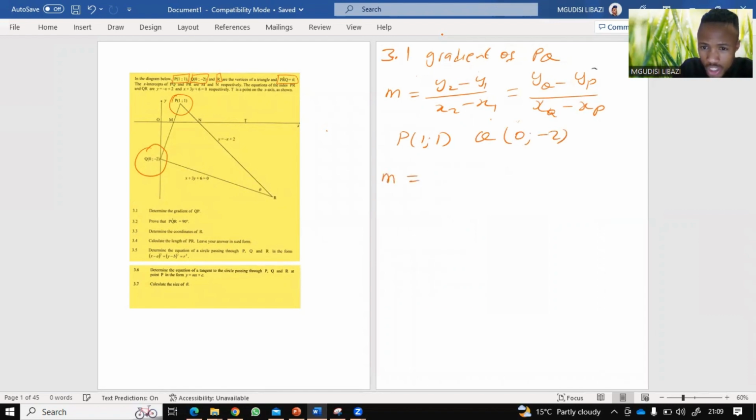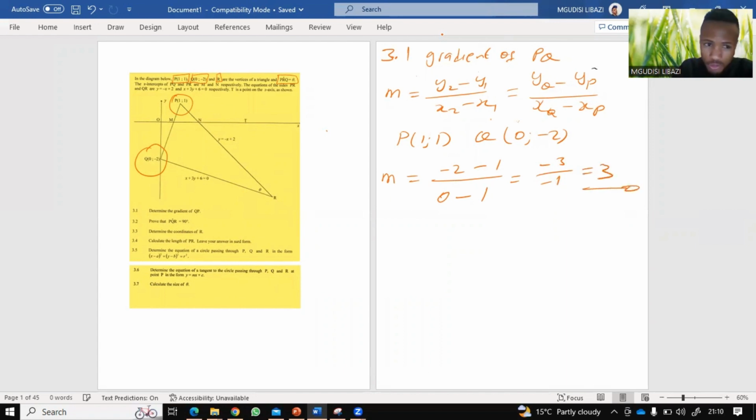So our m will be yQ, which is -2, minus yP, which is 1, divided by xQ, which is 0, minus xP, which is 1. That gives us -2 minus 1, which is -3, divided by -1, and this gives us 3.